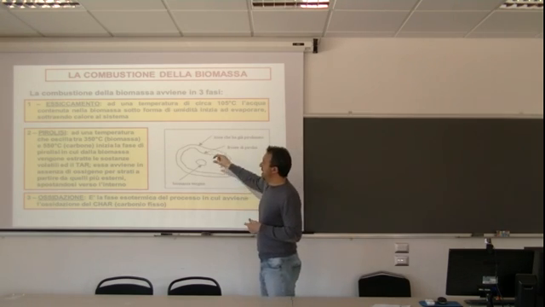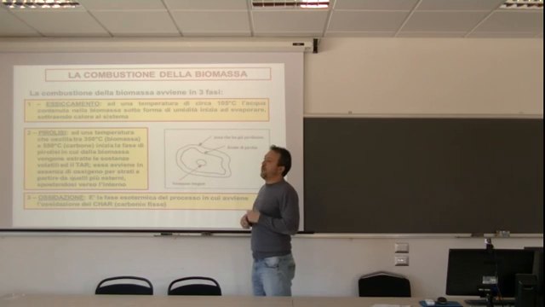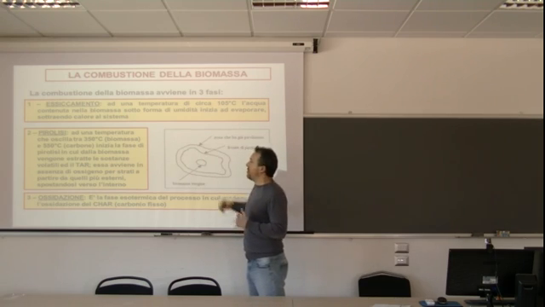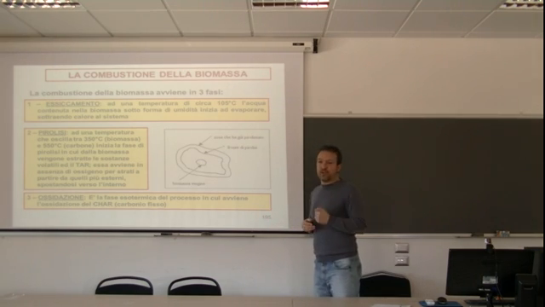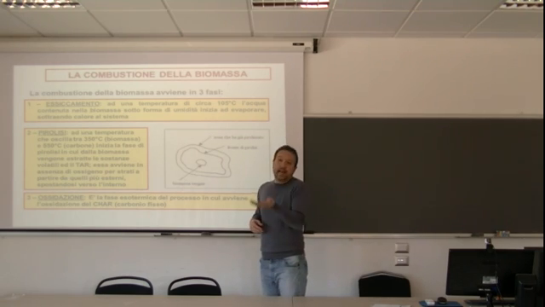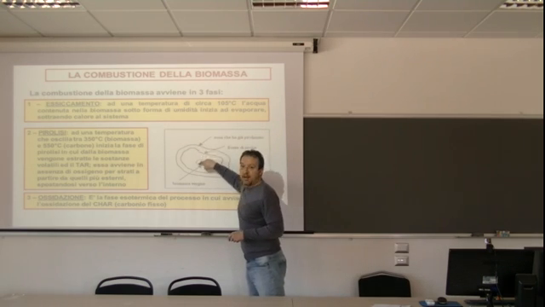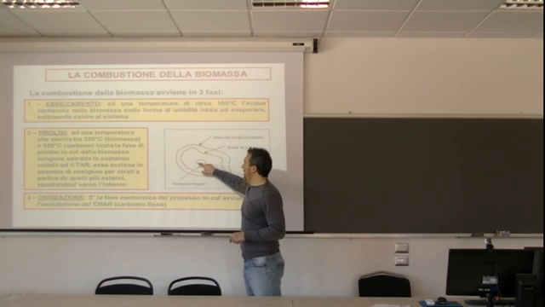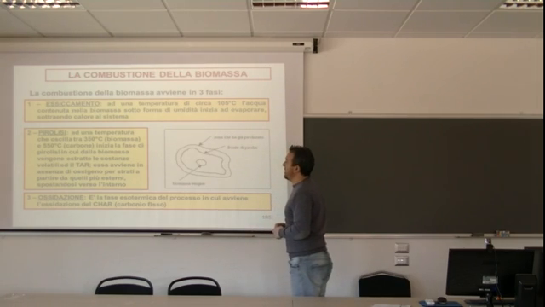So your biomass transforms into a liquid part, which is named tar, into char, and into gas that starts to exit from where it finds it can pass.